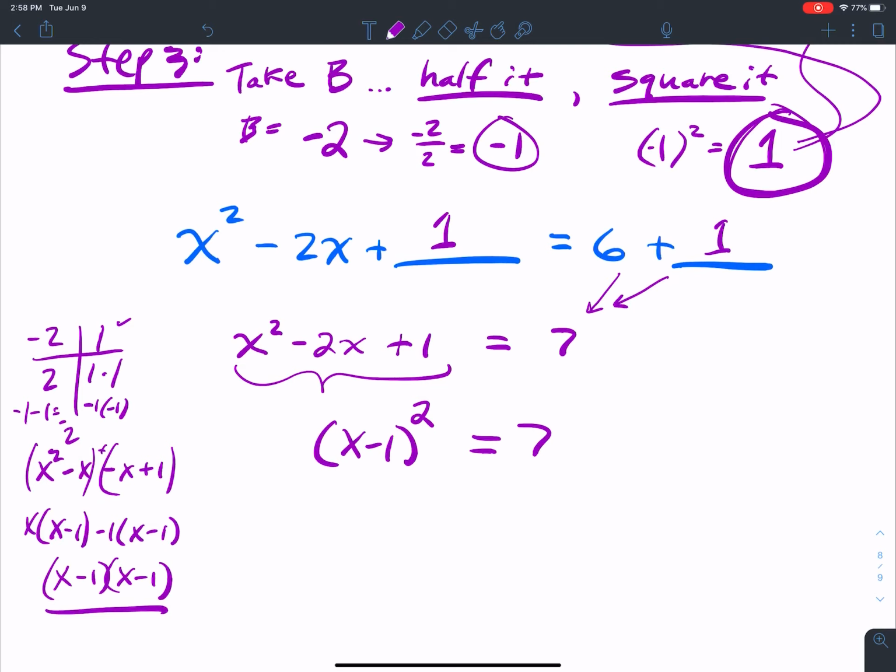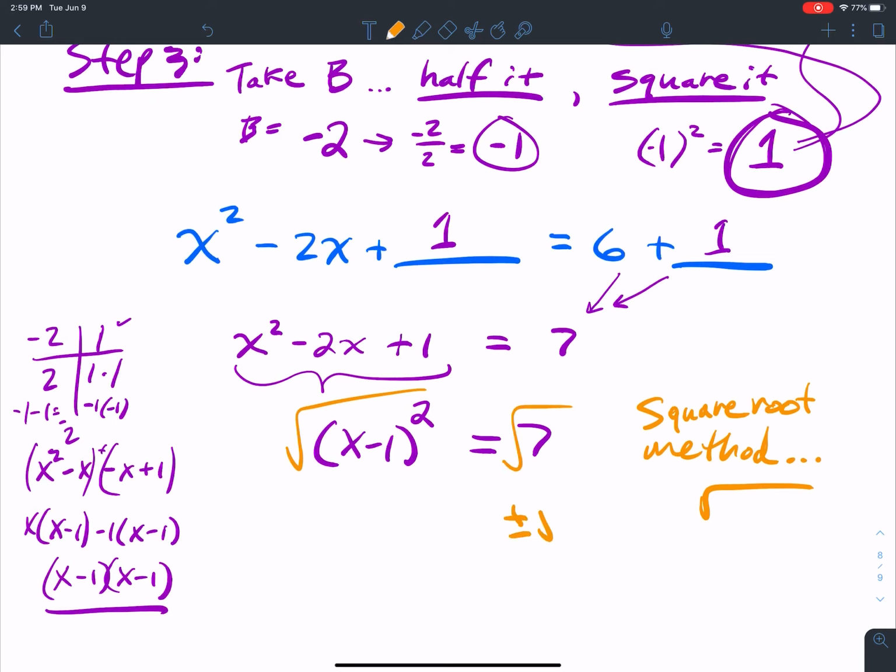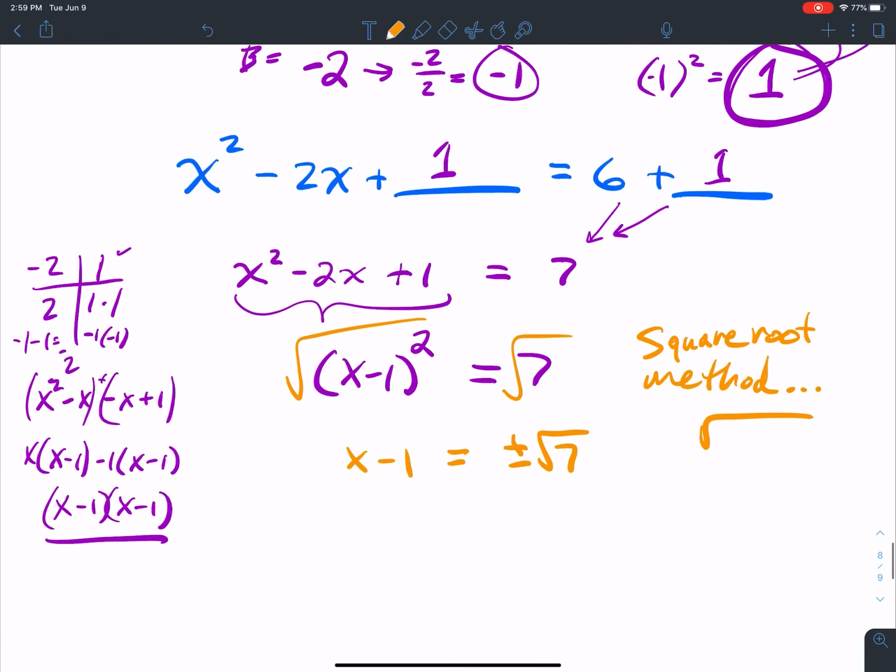All right? Now, why is this useful at this point? Well, at this point in my complete the square, I can use the square root method. So I'll take the square root of both sides. I get plus or minus the square root of 7 is equal to x minus 1.